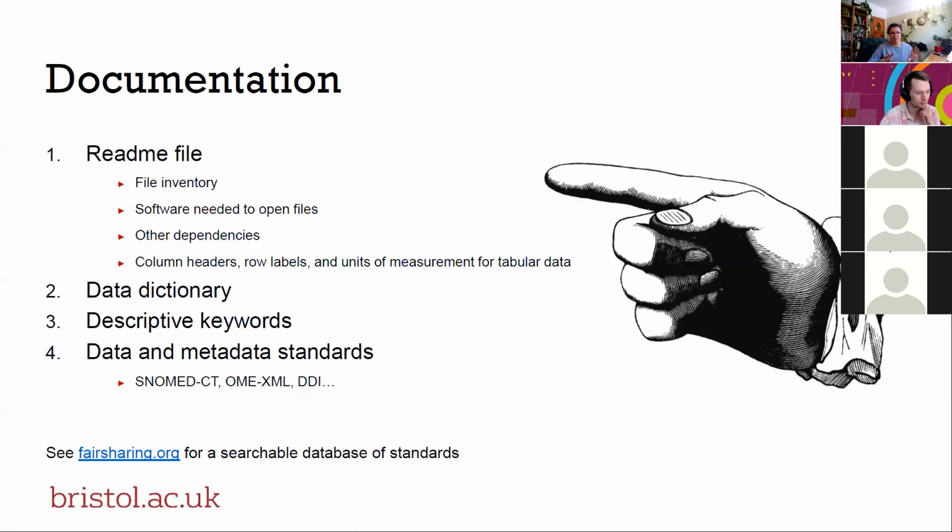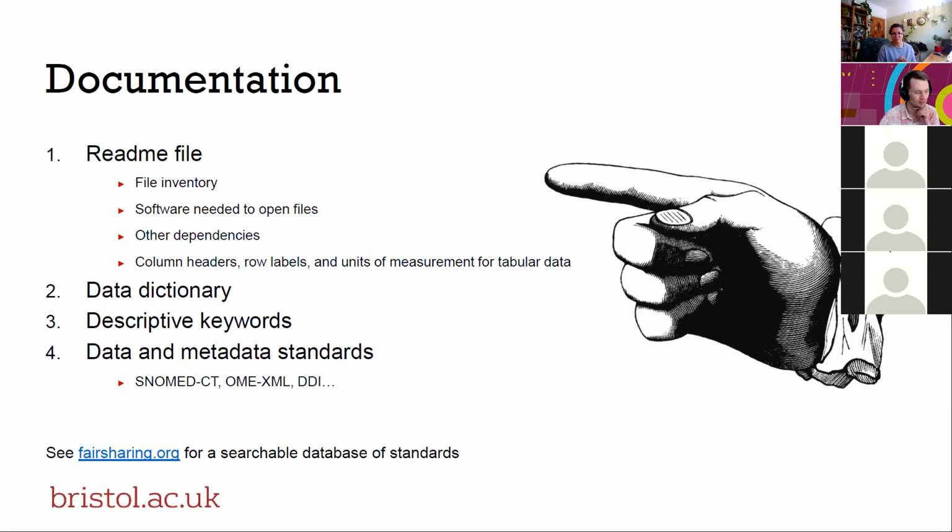If you're not aware of a well-used standard in your field, that probably means there isn't one. But you can look up data and metadata standards at fairsharing.org at the bottom of the screen there, because then you may find some that you haven't come across before and could be really useful.